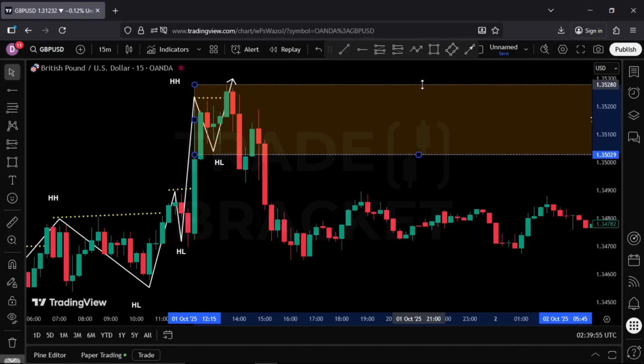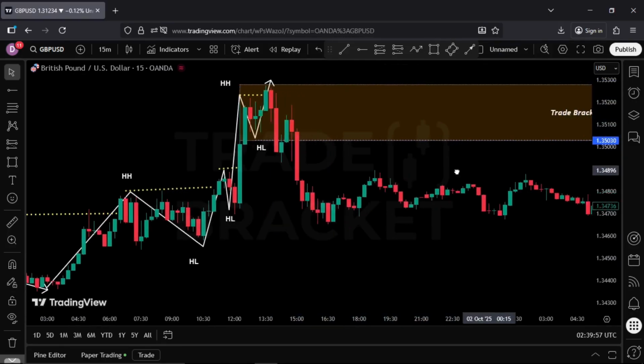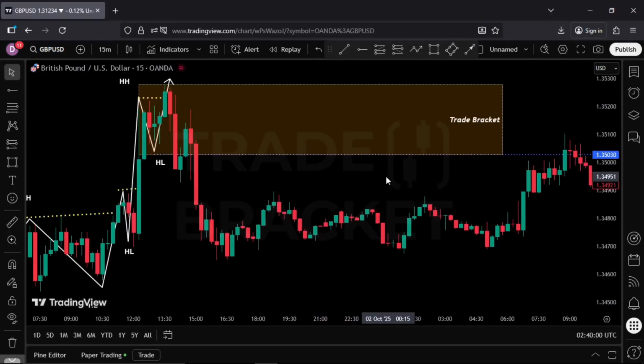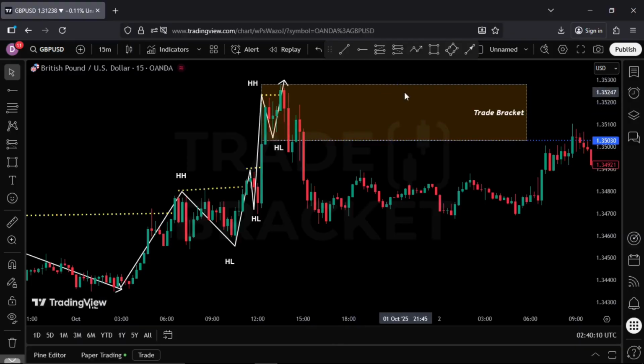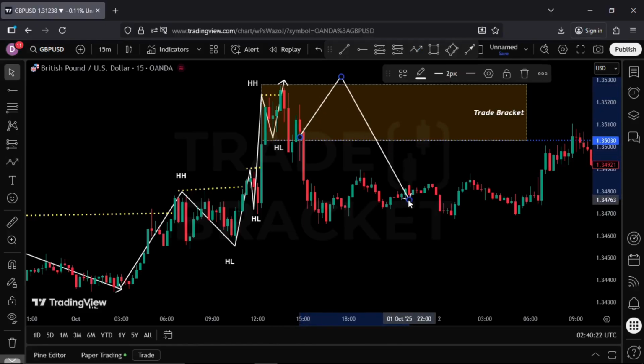Each of these ways has advantages and disadvantages. If you draw it from the last higher low to be broken to the last point price reached, you will have a lesser risk to reward ratio compared to the other one, but the chances of price coming back to stop you out and then going in your direction will also be minimal.